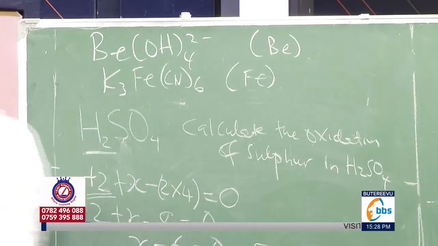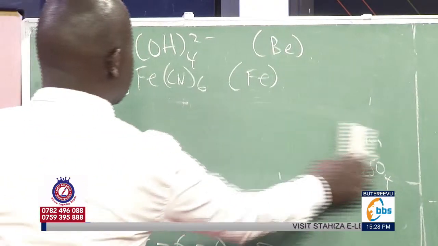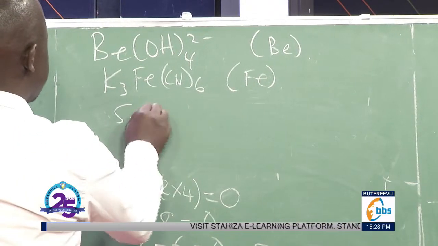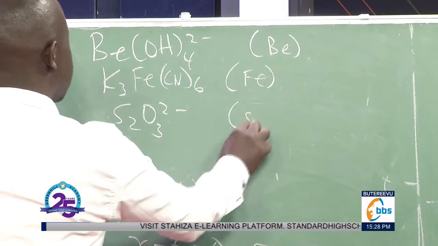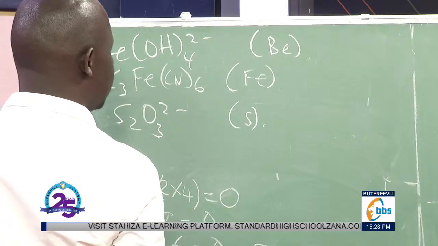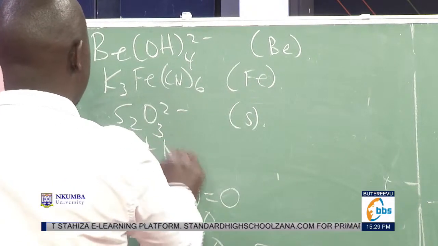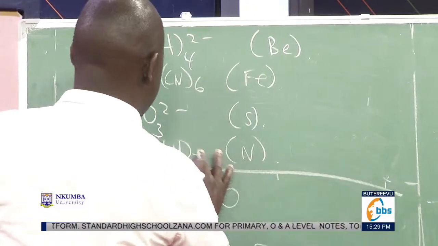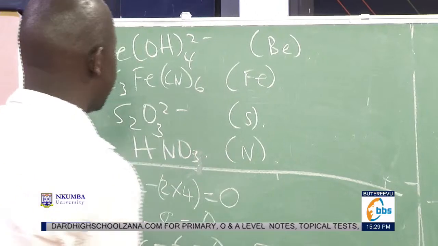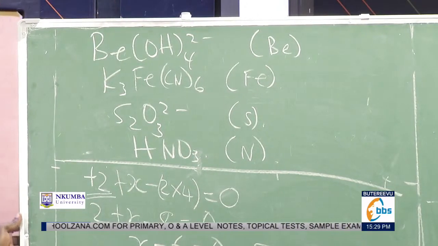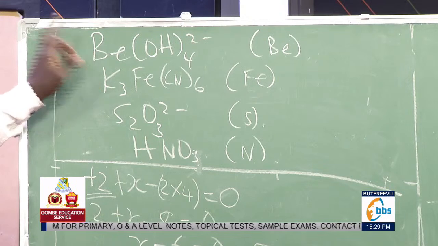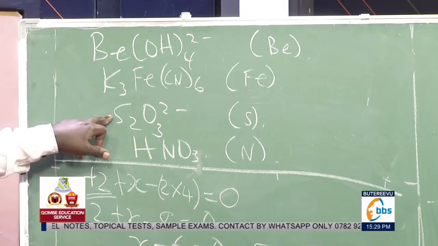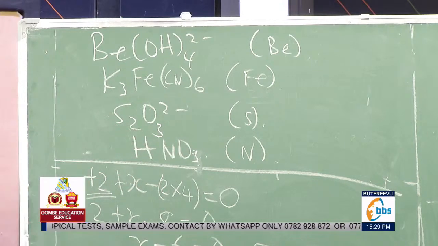Then you have the thiosulfates, get for sulfur. Which other one? Can also get for nitrogen here. So during your free time, you can calculate those oxidation states: state for beryllium in this complex, iron in that complex, sulfur in this species, N in nitric acid.